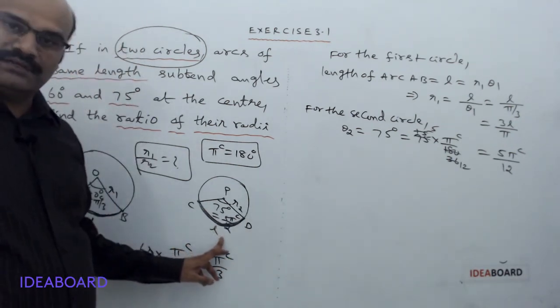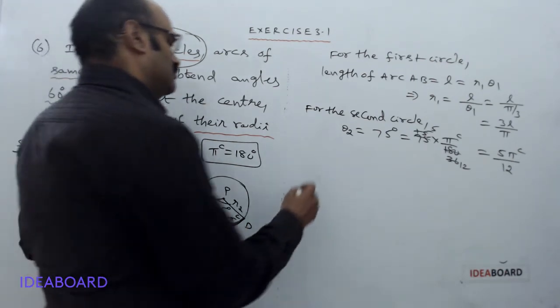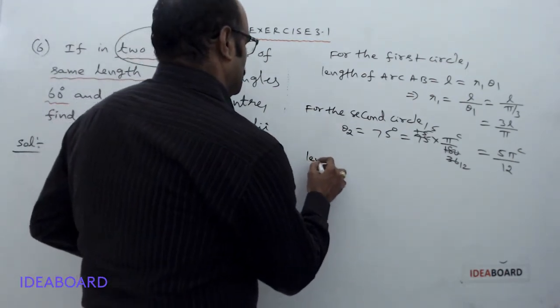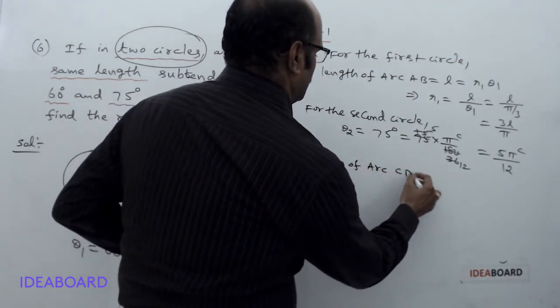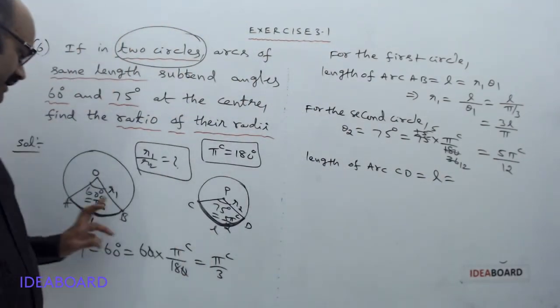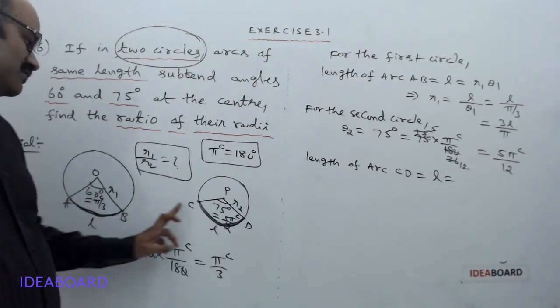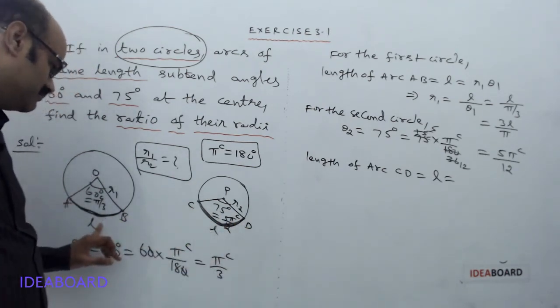So now for the second circle, length of arc CD equal to L. It is given that length of arc AB equal to length of arc CD, so I am taking L here.